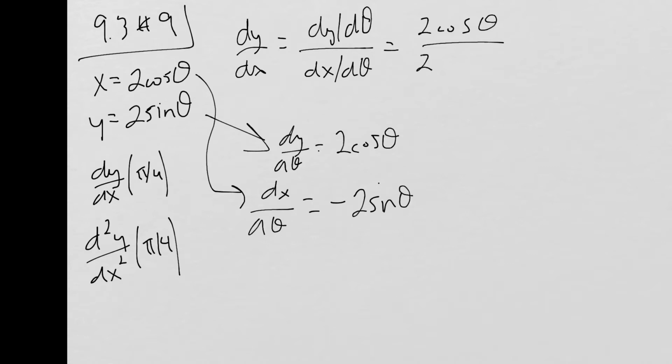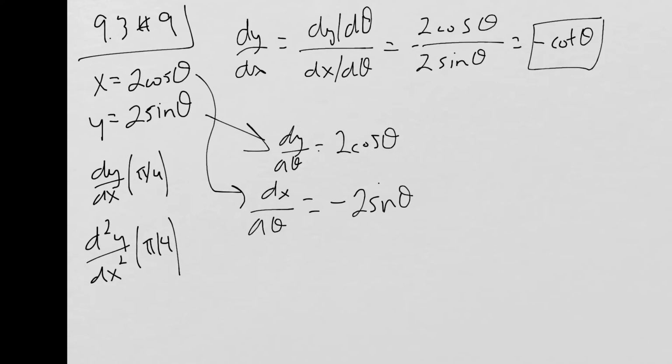So I'll put my negative there, sine theta. Well, take a look. The 2's cancel, and it gives me cosine over sine. Well, cosine over sine is 1 over tangent, so that is negative cotan theta. You could write that as 1 over tan, be totally legitimate.